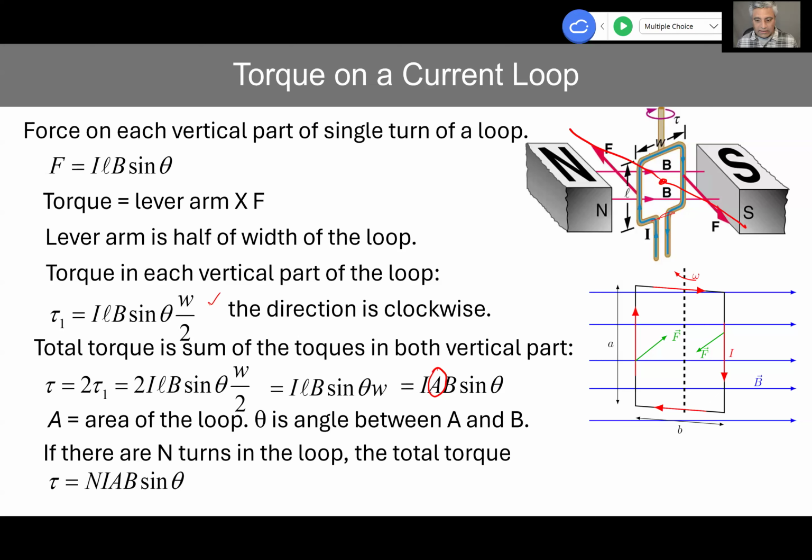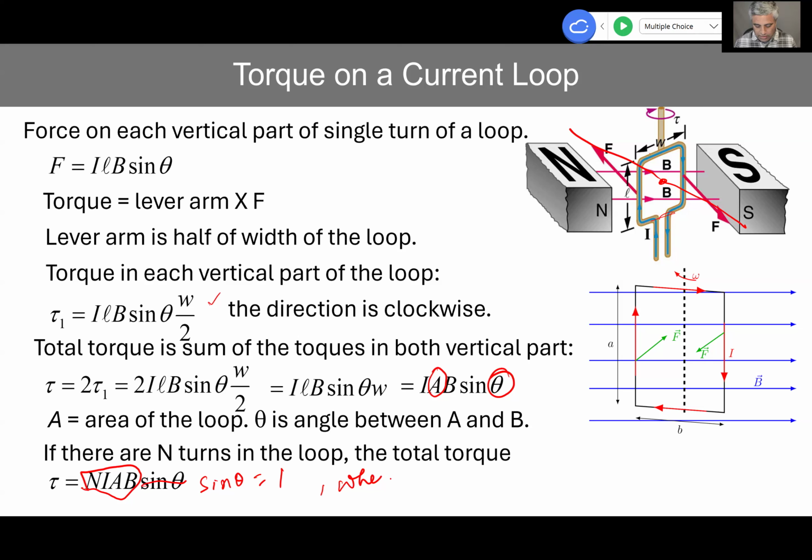So let me share this again. What happens is the value of torque changes with the angle, so it goes from 0 to a maximum value. The maximum value is going to be this much when sine theta is 1. And when is it 1?